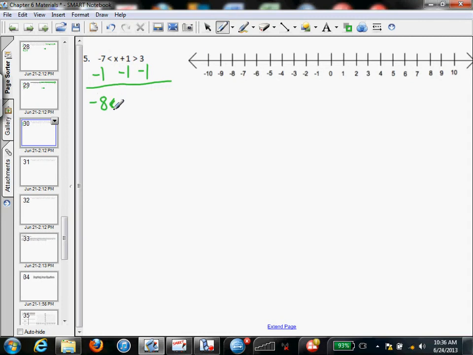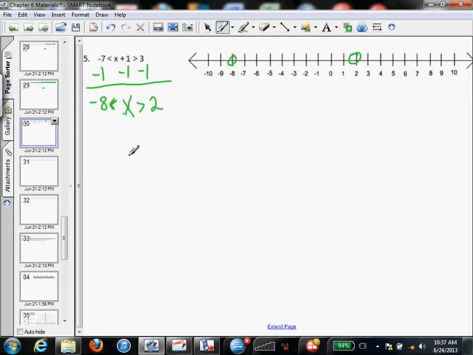Bring down our inequality because there was no division of a negative number. And that's just going to leave us with x because 1 minus 1 is just 0. Bring down our inequality for this next set, and 3 minus 1 is just 2. Since there are no equal to's found, we just put open circles on negative 8 and 2.